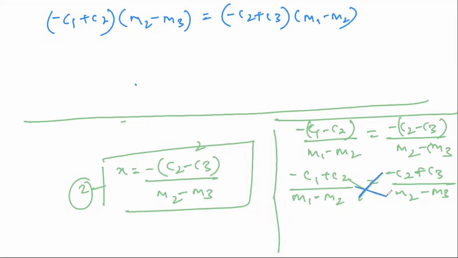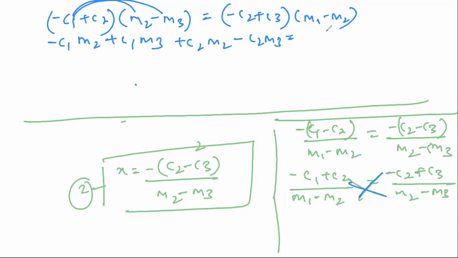We directly multiply them, so I open the bracket first. Minus c1 multiplied by m2, minus c1 multiplied by minus m3. Then c2 multiplied by m2 and c2 multiplied by m3. Then c2 multiplied by m1, c2 multiplied by m2, c3 multiplied by m1 and c3 multiplied by m2.